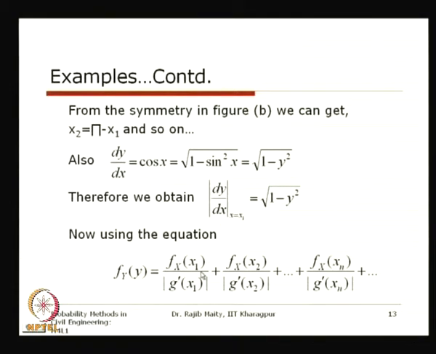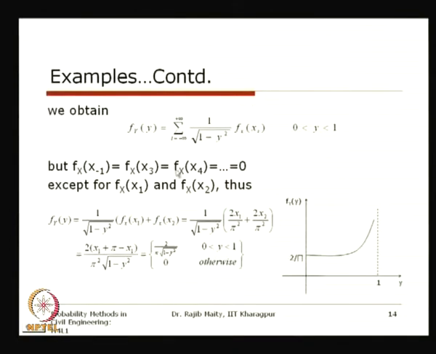Now we are using the same equation that was developed for n roots: fy equals fx(x1) over g prime(x1), plus fx(x2) over g prime(x2), plus so on, and here there are only two roots. So fy is the summation of 1 over square root of 1 minus y squared, which is the mod of dx/dy, times fx(xi), where y is between 0 and 1. Now fx minus 1 is just a notation we have used.